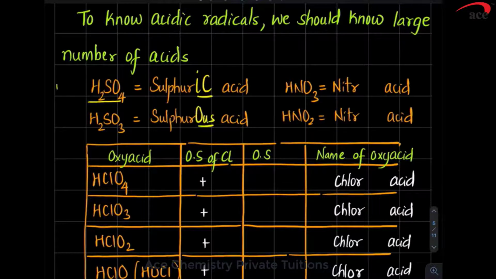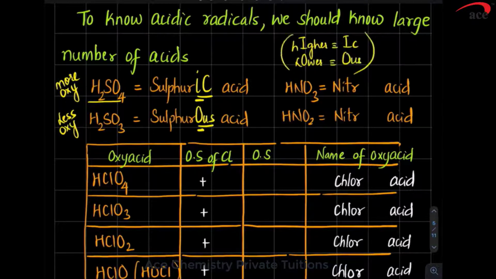If it has more oxygen, that means higher, then ic. If it has less oxygen, low oxygen, then ous. You remember? Higher, ic, and lower, ous. You remember like that?